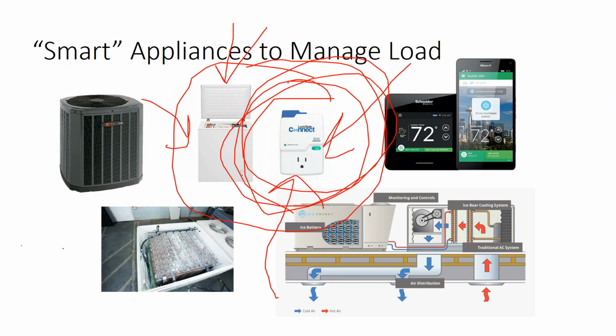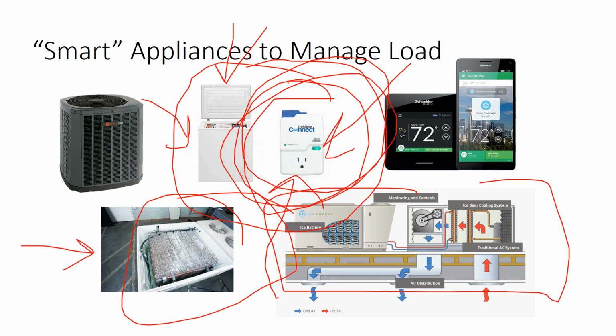Or what this company in California called Ice Energy does is they're looking at freezing blocks of ice inside of our air conditioning units, and that'll give us an additional period of time. Although Ice Energy is a small startup company.